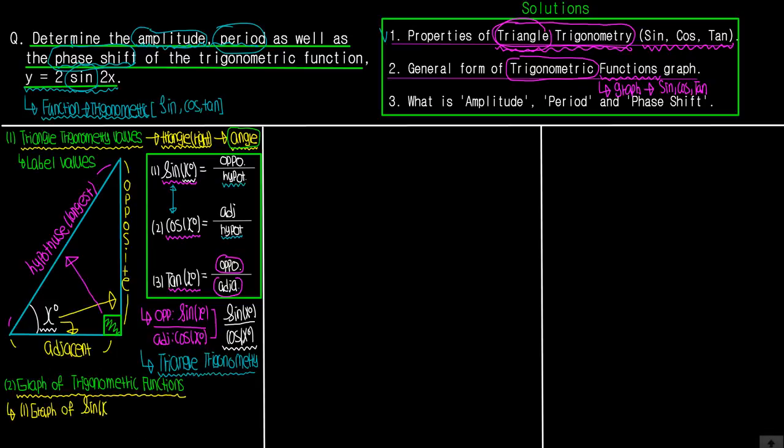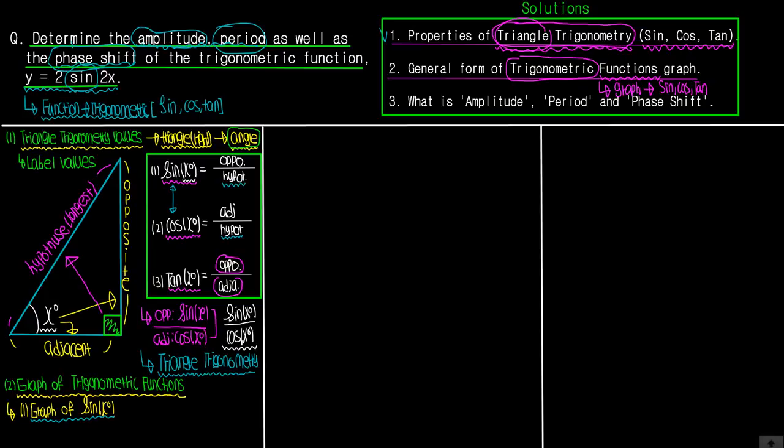We have talked about it in a lot of videos, but right now this is mainly about the sine of x degrees, so I'm only going to explain the sine of x degrees and the cosine of x degrees. So let's talk about the graph of the sine of x degrees and the properties of the graph.